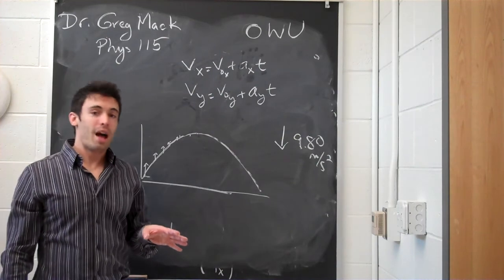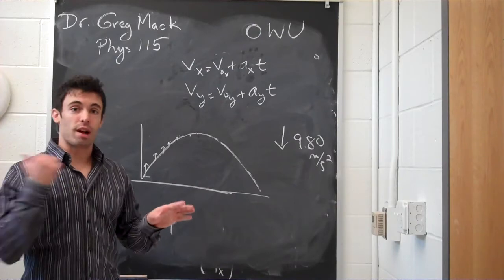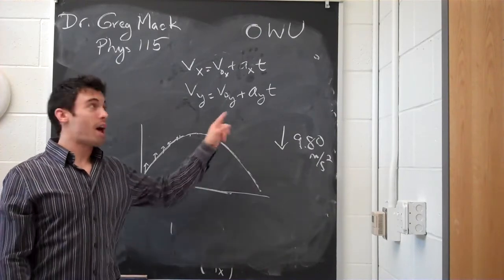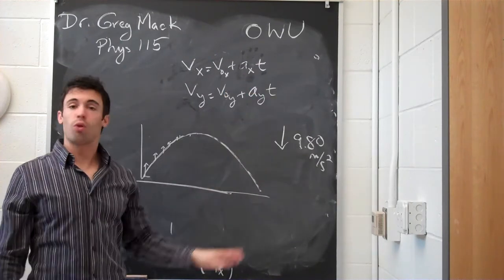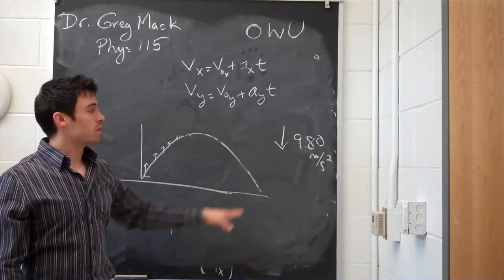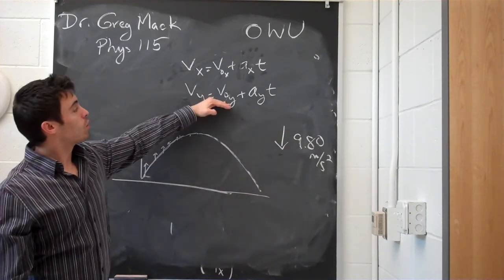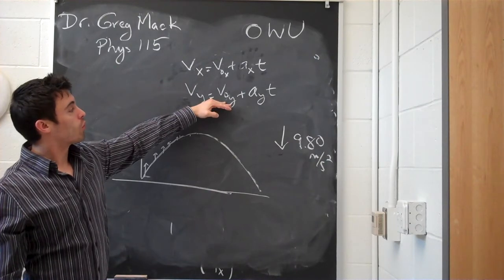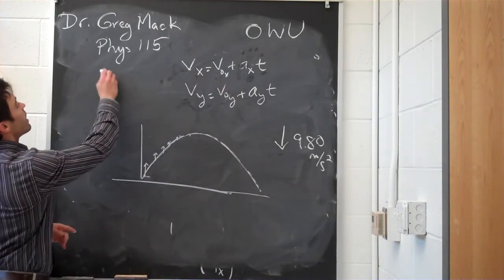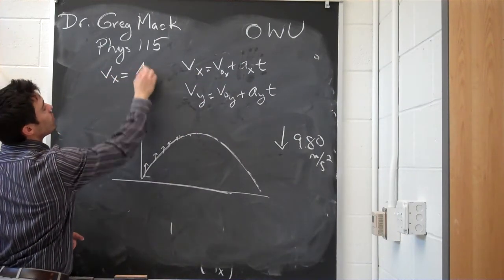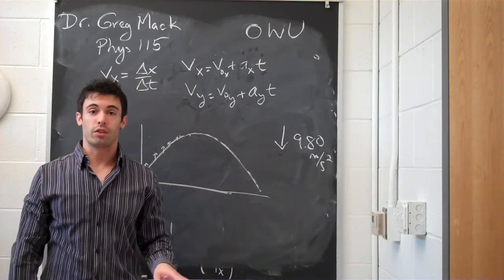There may be some times when you might have an acceleration in the x direction, like say you have a rocket pack, and it's only directed in the x direction, then you would have to worry about that acceleration. But if you're talking about just plain old something being thrown, where the only acceleration you're experiencing is gravity, the 9.80 meters per second squared down, then you have to worry about the acceleration equations for the y, but everything in the x is just plain old Vx equals V0x, and Vx is equal to delta x over delta t, the plain old definition for velocity.